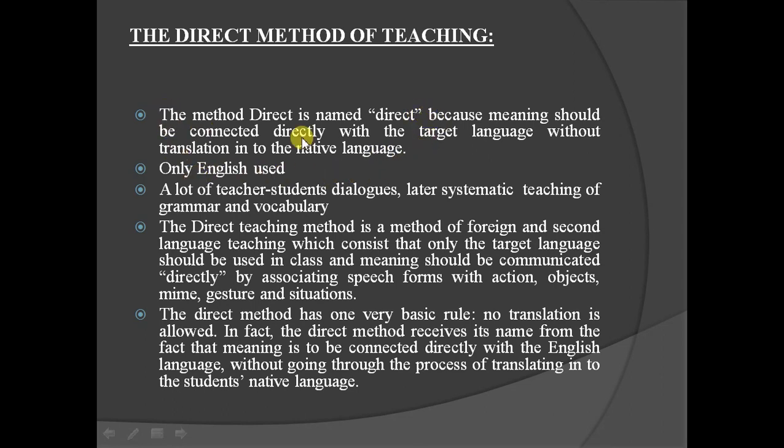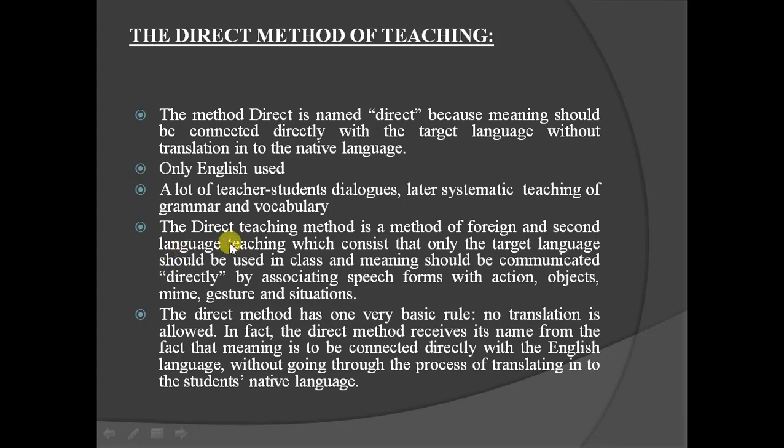In other words, in the direct teaching method, whatever we do in the classroom, we use the target language. That is, only English is used. Suppose we are learning the English language through the direct method, the only language that we will be using in the class would be the target language, that is English.